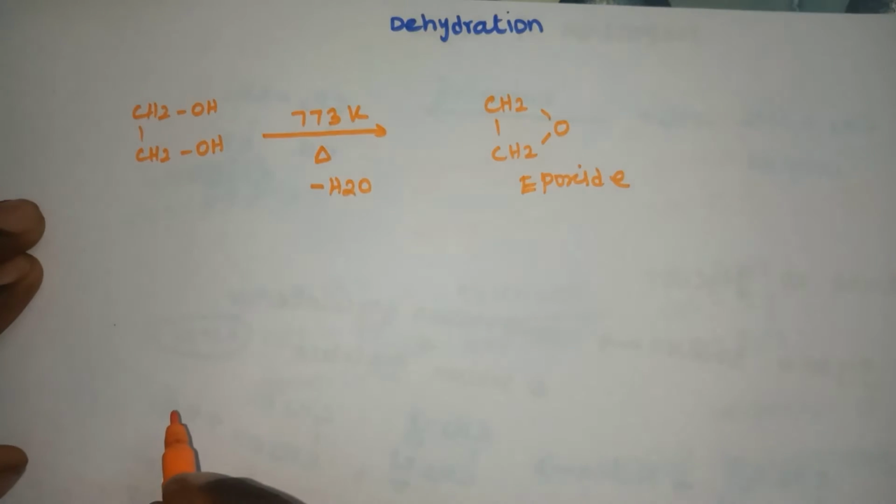Second dehydration reaction, when ethylene glycol is reacted with dilute sulfuric acid or anhydrous zinc chloride, it forms acetaldehyde.